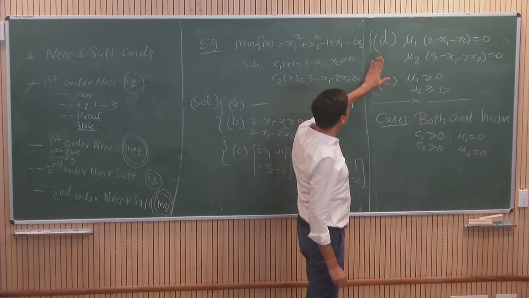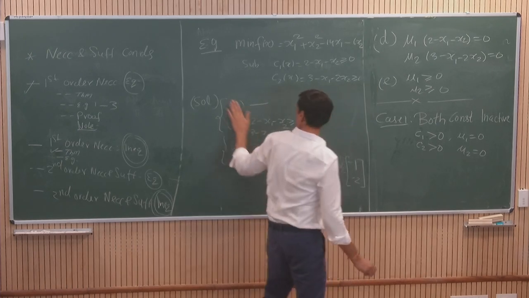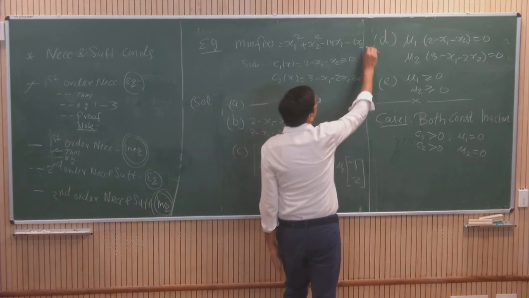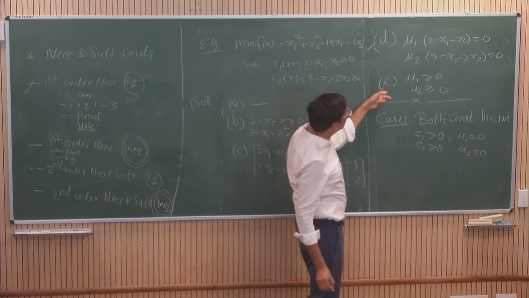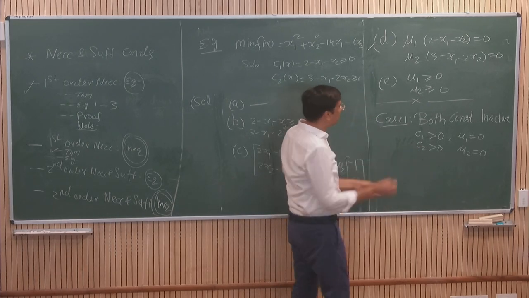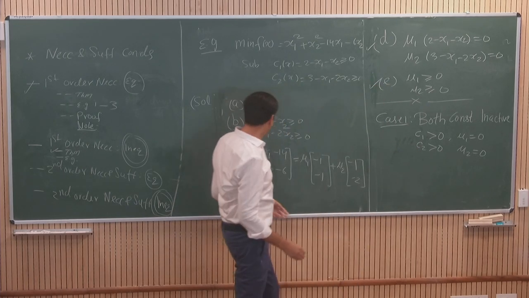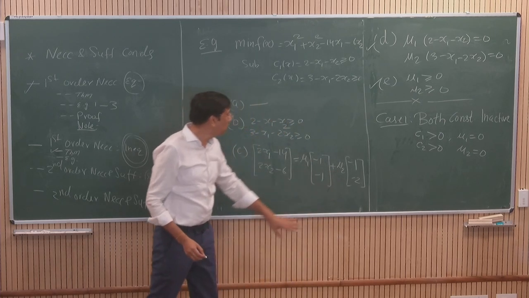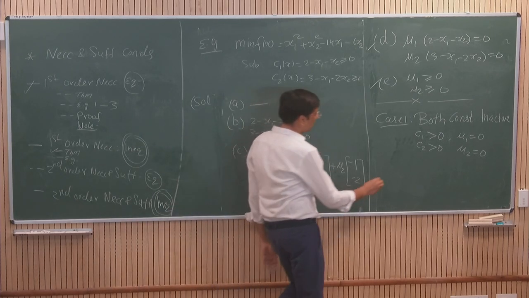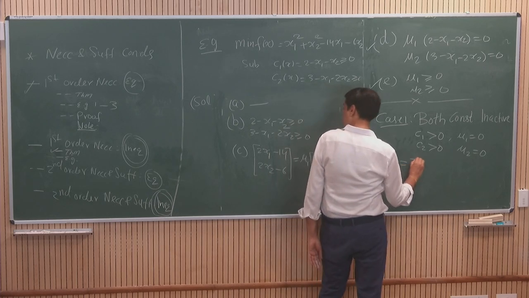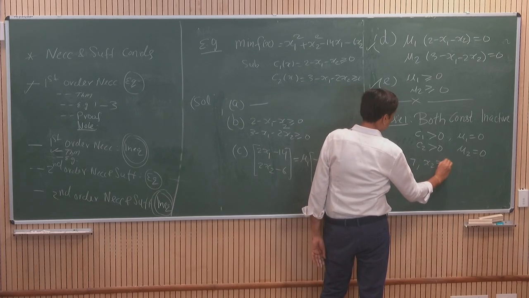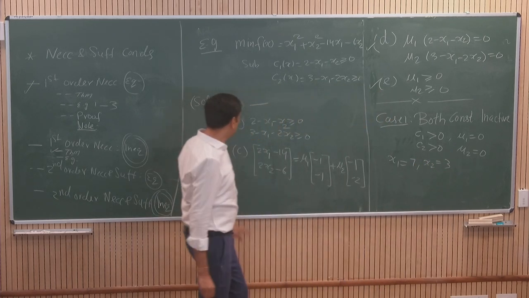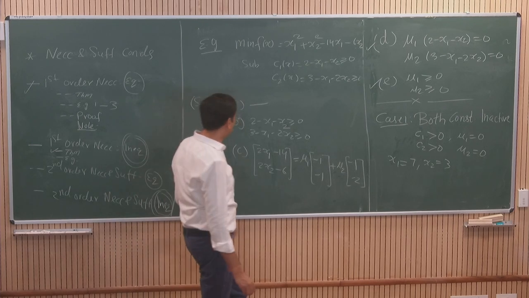So the D condition is already fine. Is the E condition correct? Yes, mu1 and mu2 are non-negative, so that's also done. We'll go back to the C equation. To do the C equation, you put both multipliers equal to 0. You will get x1 as 7 and x2 as 3. Correct? Let's go backward now.